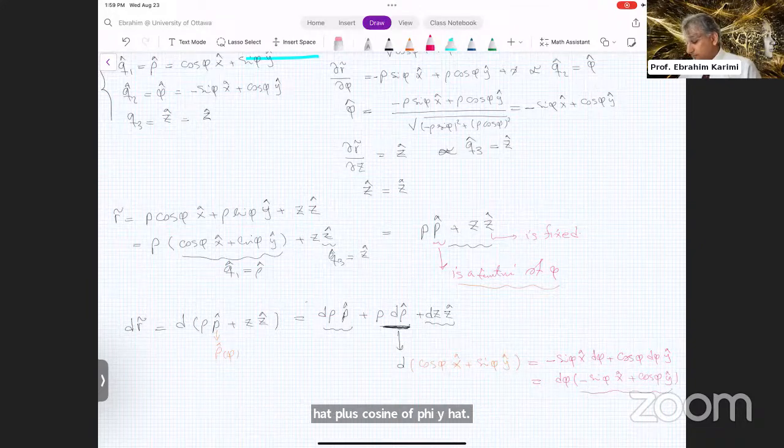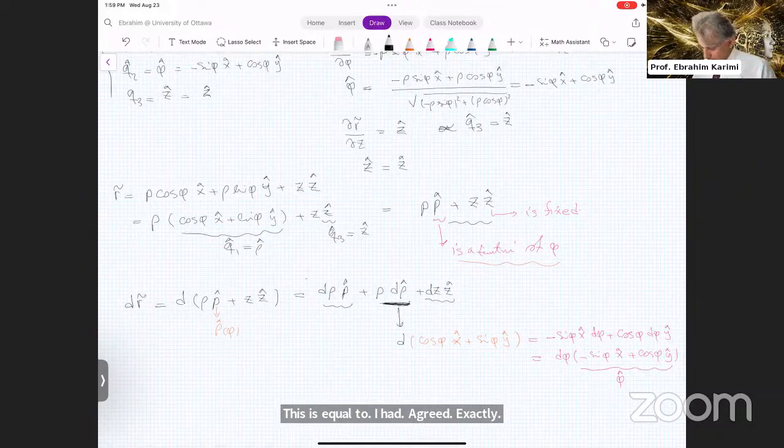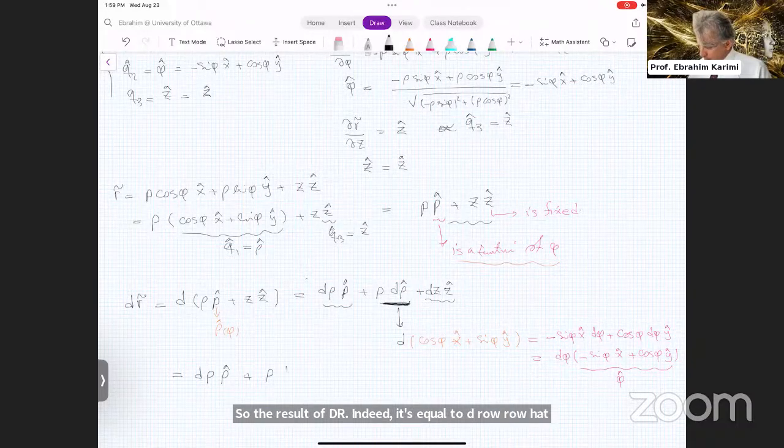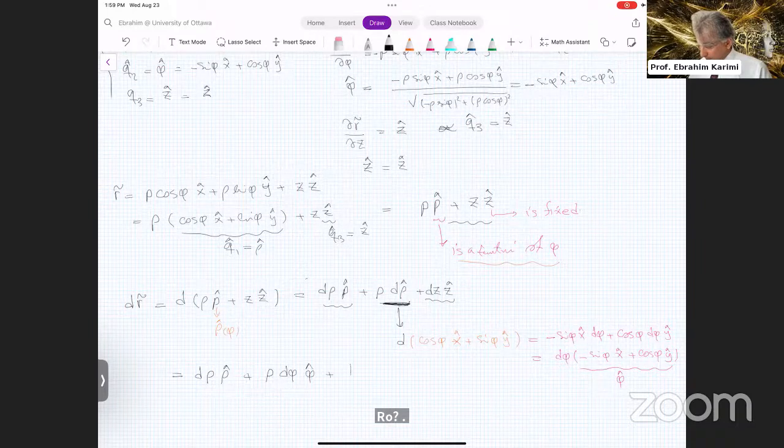What's that? This is equal to phi hat. Agreed? Exactly. So the result of dr is equal to d rho rho hat plus rho d phi phi hat plus dz z hat.